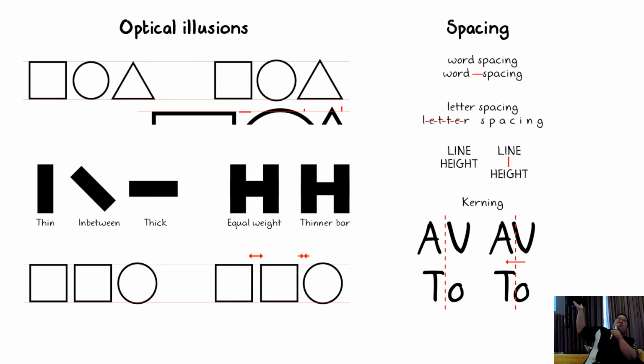And then I'm not going to explain too much the other things. So spacing is, you're going to have word spacing, letter spacing, line height, and something I'm going to introduce is kerning. And so while you can have letter spacing, sometimes you need to adjust that spacing to go beyond the point to make it look better, which is often done with A and V and T and O.